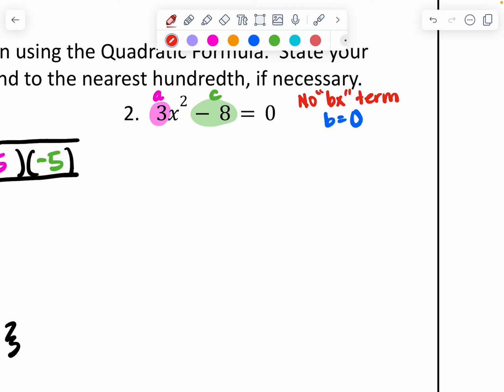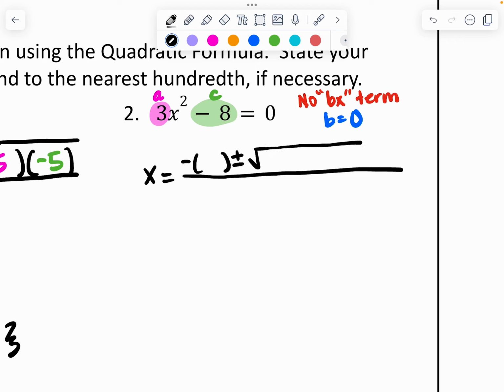Now we set up our formula here. The opposite, plus or minus.